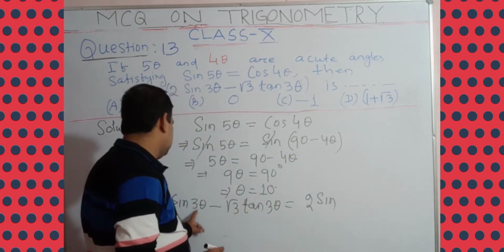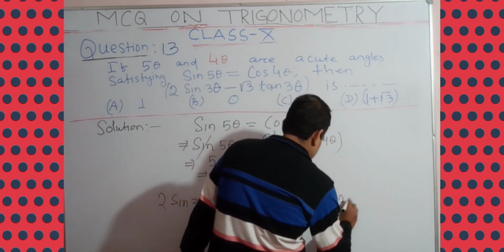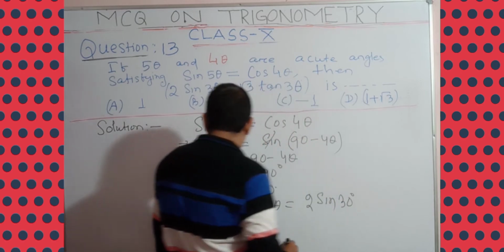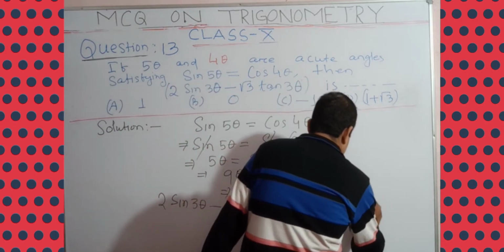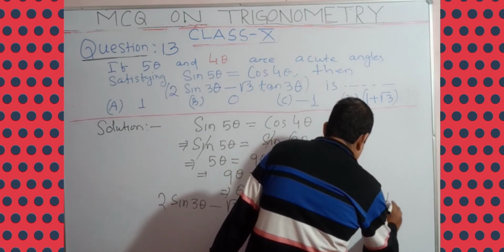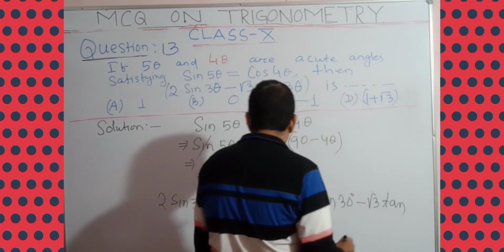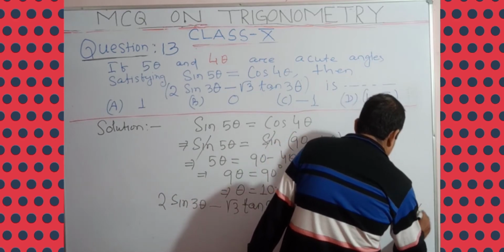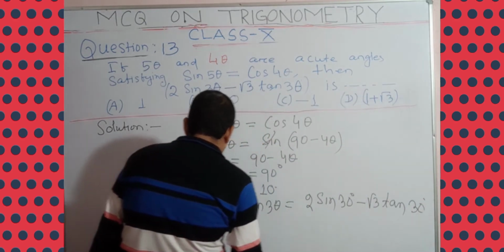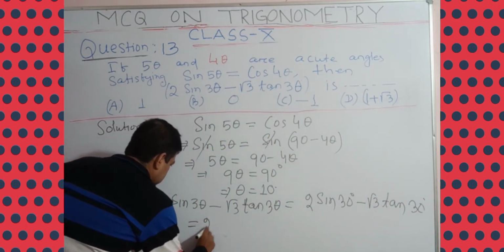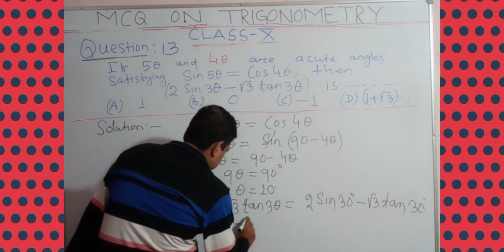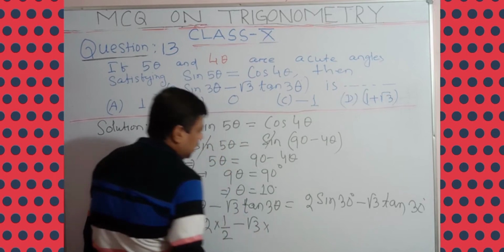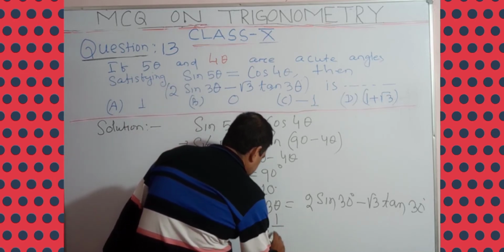Theta is 10 degrees, so 3 theta will be 30 degrees. 10 multiplied by 3 is 30 degrees, minus root 3. Similarly, here it will also be 30 degrees. Understand? So you see 2 into sin 30 degrees, whose value is 1 upon 2, all of you know. Minus root 3 into tan 30, which is 1 upon root 3, all of you know.